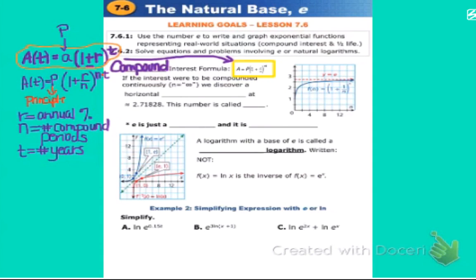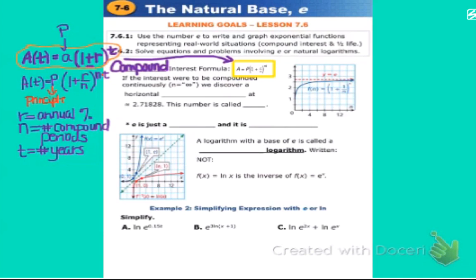So the compounding effect is magnified. But in that activity, the most compounding periods we really considered was monthly, so 12 times a year. We looked at quarterly compounding, every 3 months, 4 times a year. We could have looked at daily interest, where our n would be 365, because there's 365 days.